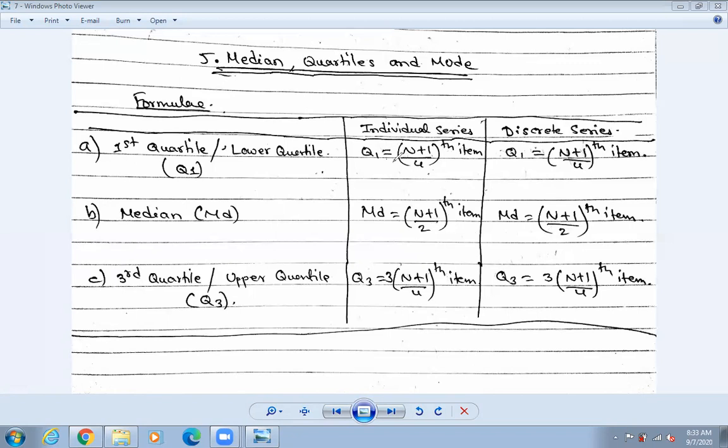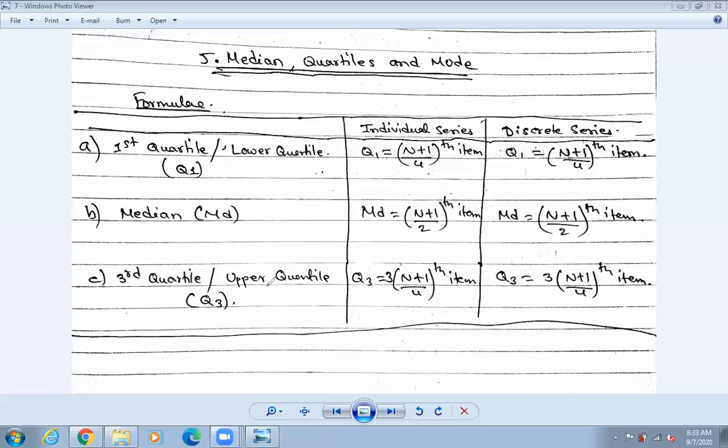So for Q1, just memorize n plus 1 by 4. For the median, n plus 1 by 2. For Q3, 3 times n plus 1 by 4. The formula is similar, the same one for the first quartile, median, and third quartile.